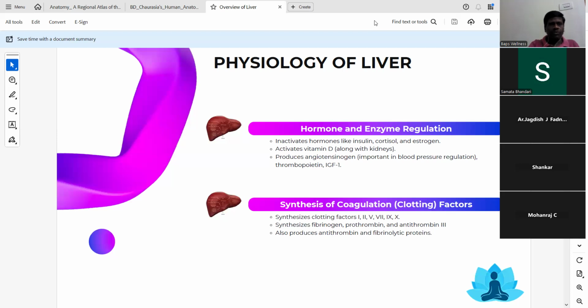We all know that the adrenal glands are located on top of the kidney. This is the kidney, like a cap. This is the adrenal gland.